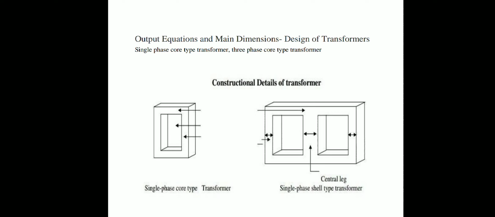You can see the central leg, which is from the single phase shell type transformer. In this type of core, when winding is done on the central leg, it will become a single phase shell type transformer.